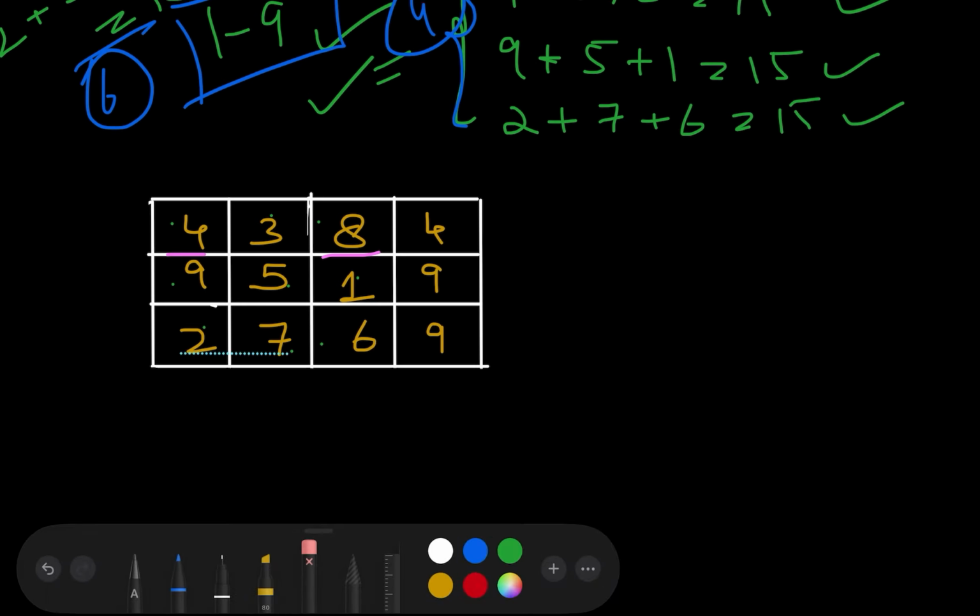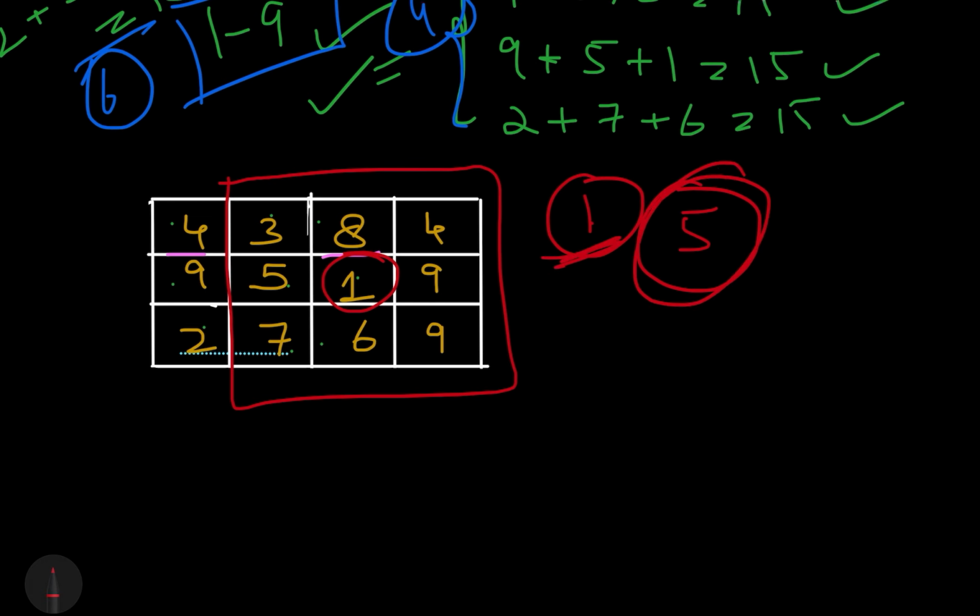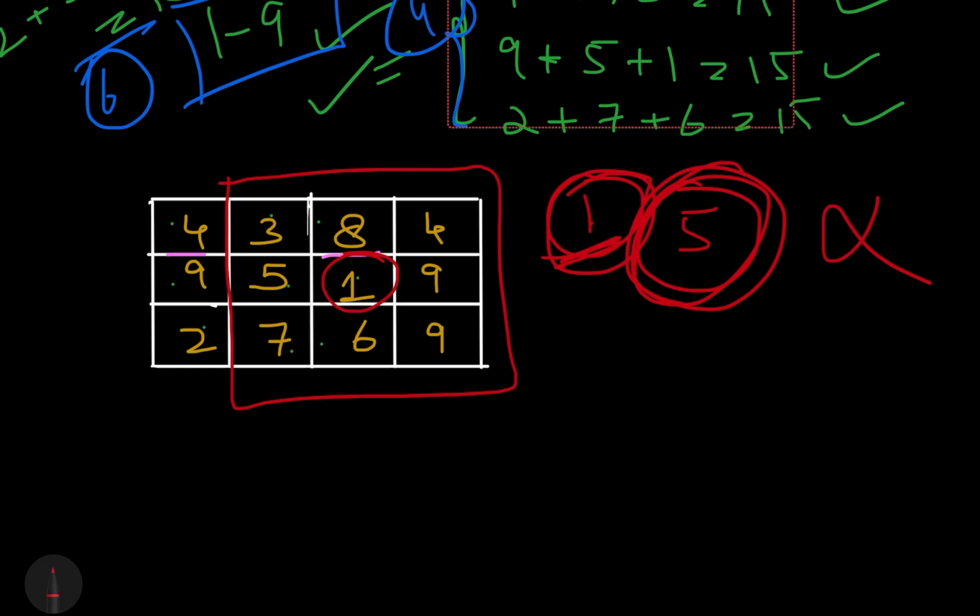So now let's check our second subgrid. Firstly, we have to check whether our center is 5 or not. See, our first check has eliminated it, because the center is not 5, it is 1. Therefore, it gets eliminated quickly. So this is a very simple approach.